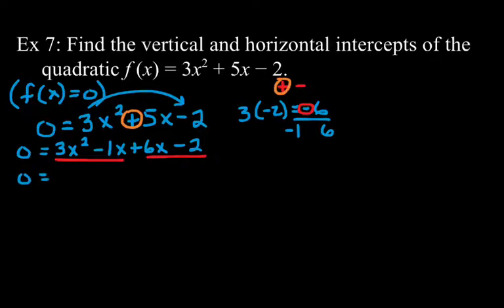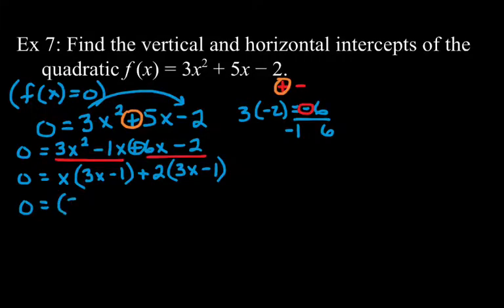In the first group, we can factor out an x, and we have 3x minus 1 left over. We have to factor out the plus sign, and in the second group, we can factor out a 2, and we have a 3x minus 1 left over again. Now we're able to factor out the 3x minus 1, and what we have left is the x plus 2.